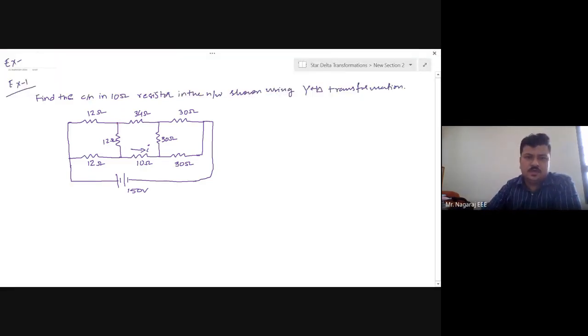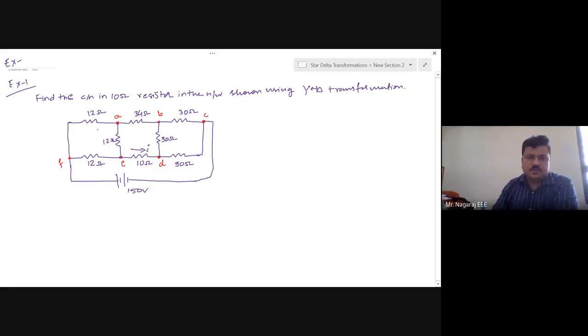Here I have a node, let this be A. Let this be B. Here I have a node C, here a node D, a node E, and a node F. Fine.